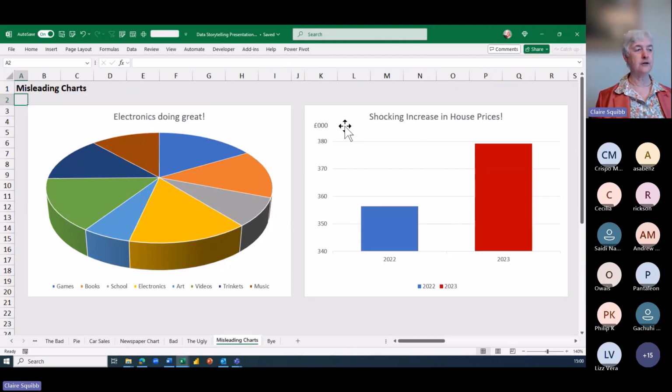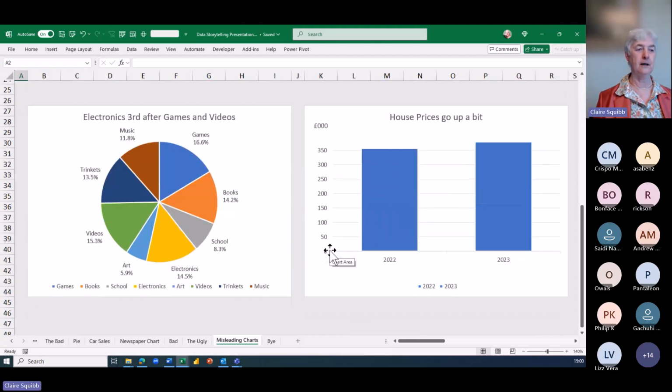If you see a story, electronics doing great, big yellow slice, shocking increase in house prices, somebody is trying to tell you something, misleading. This axis doesn't start anywhere near zero. To get a more accurate picture, electronics is third after games and videos. House prices go up a bit. It's not quite so exciting anymore, is it?